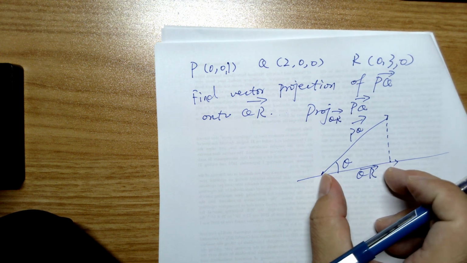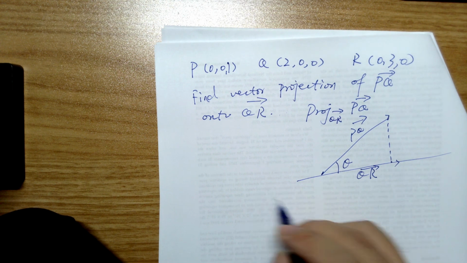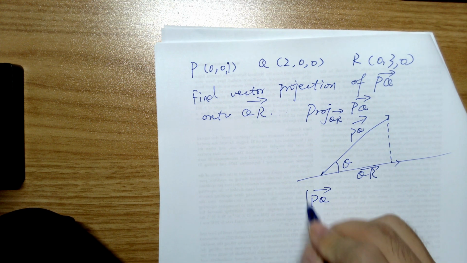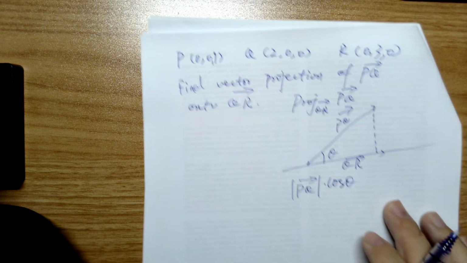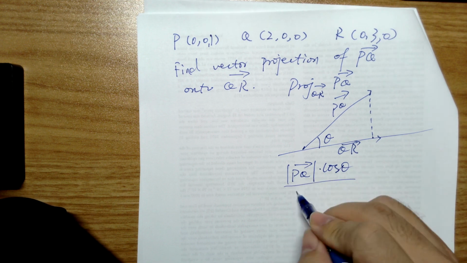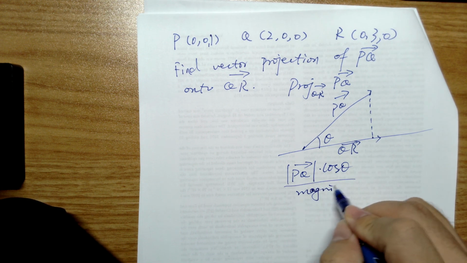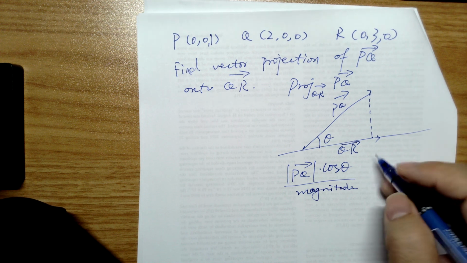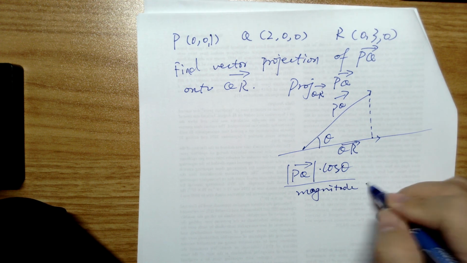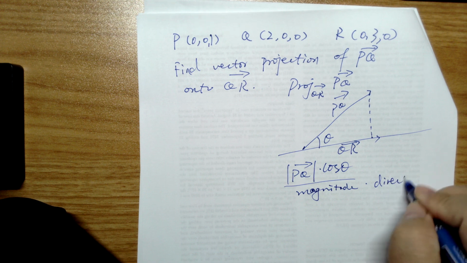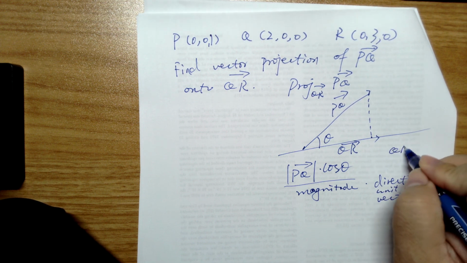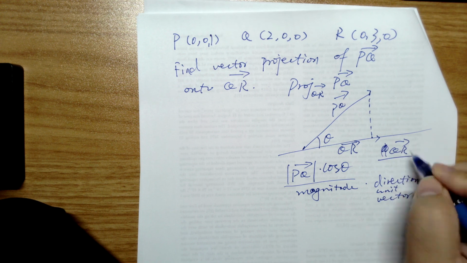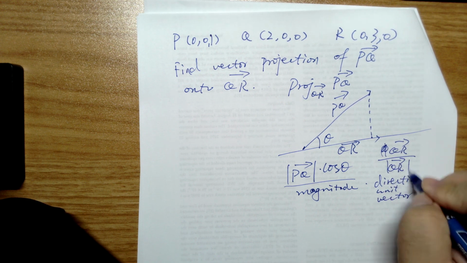First, we need to know its magnitude, which is the magnitude of PQ times cosine theta. So that's the magnitude. And then you will also need to multiply by the direction unit vector, which is QR over its magnitude.